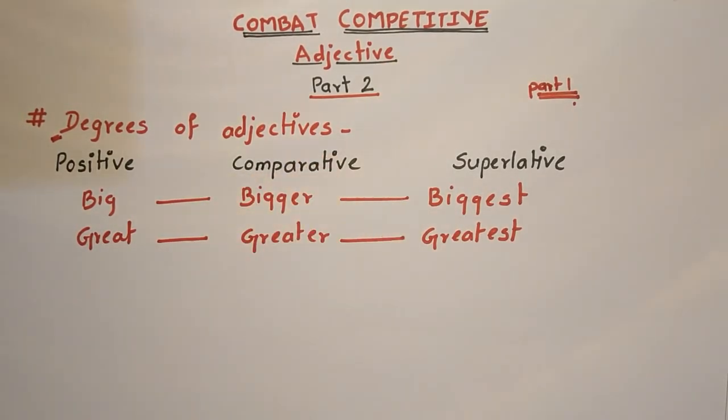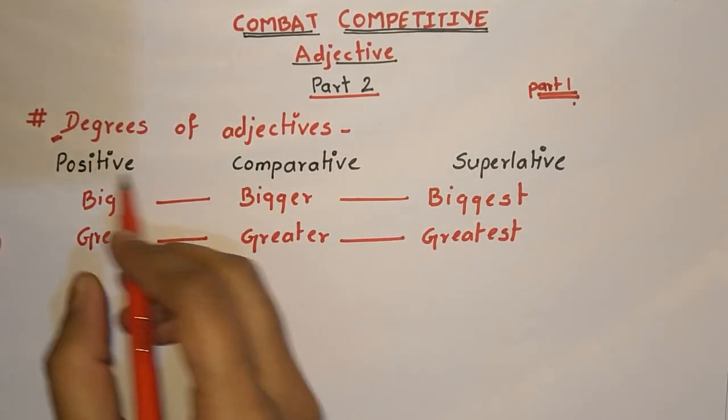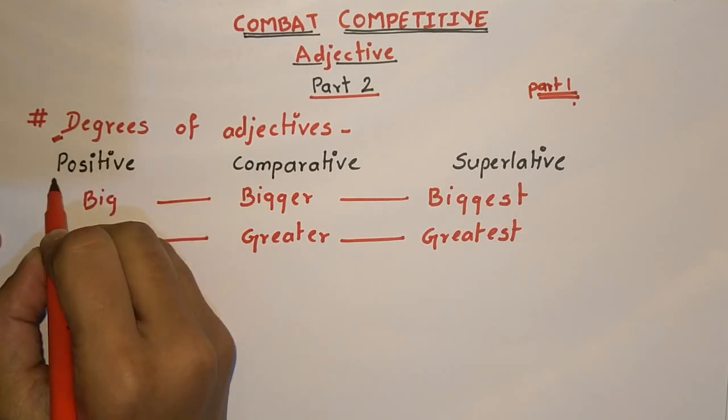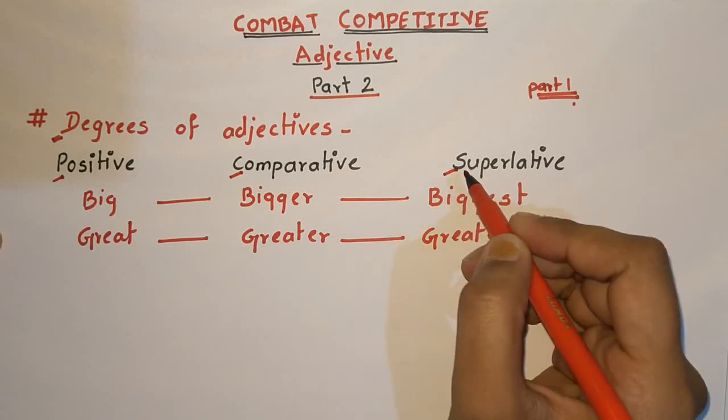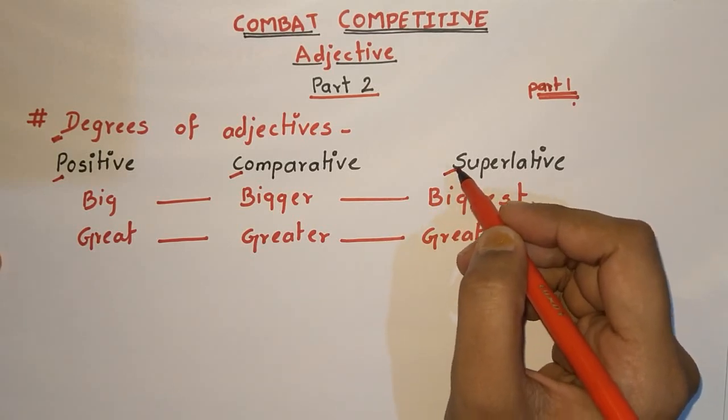Degrees of adjectives. There are 3 degrees of adjectives: positive degree, comparative degree and superlative degree.